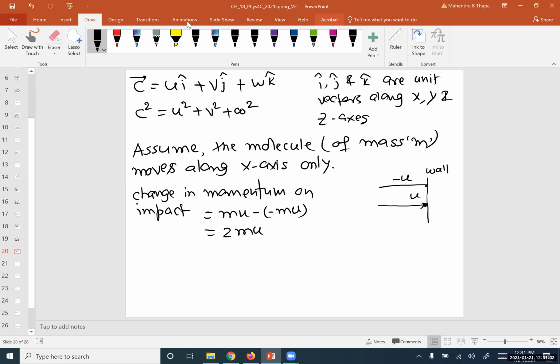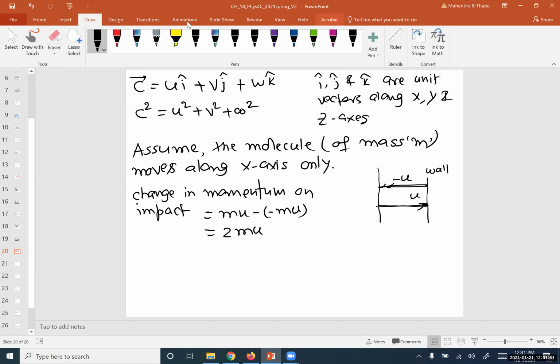Then we need to find the time taken by the molecule to move between the two walls, one side is this, the other side is this. So we have to find the time to go back and forth, going this way and coming back.